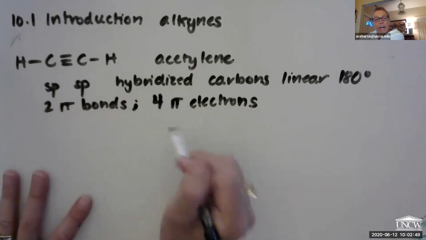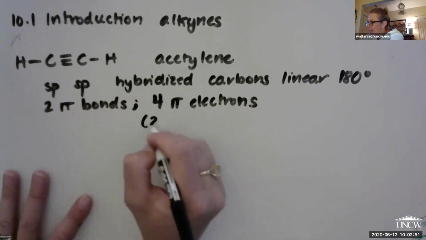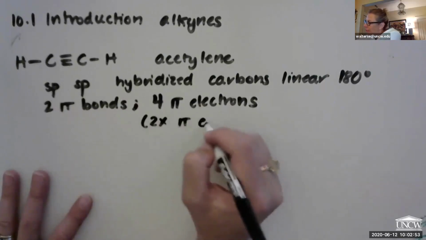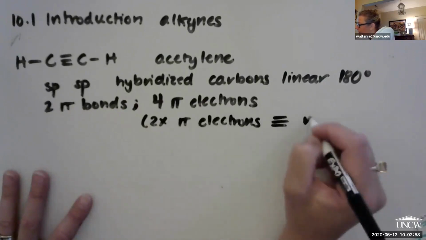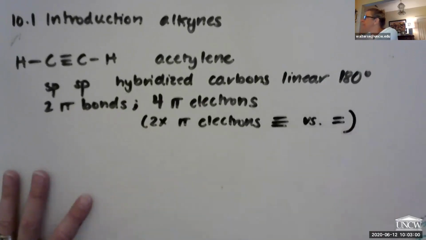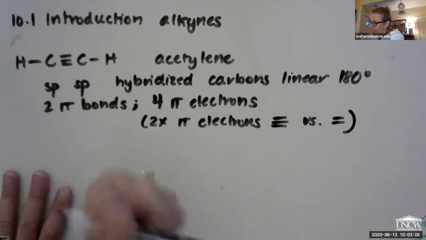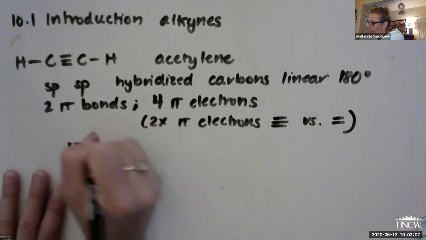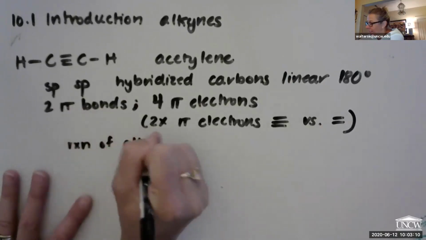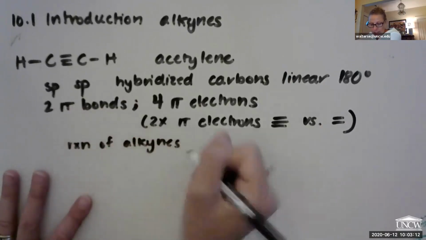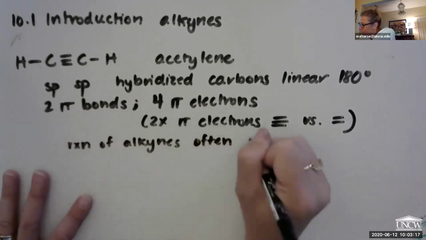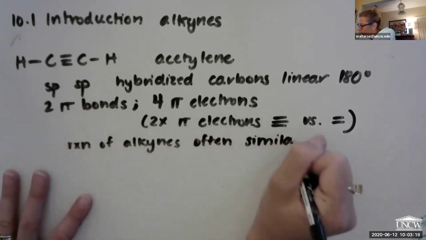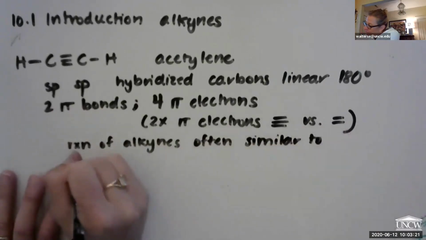So there are 2 times as many pi electrons in a triple bond versus a double bond. What that tends to mean is that reactions of alkynes are often similar to reactions of alkenes.